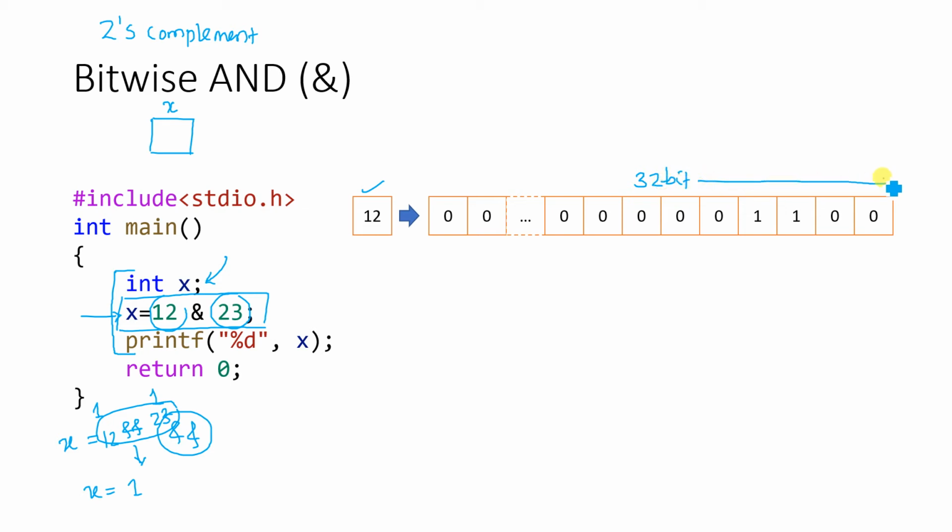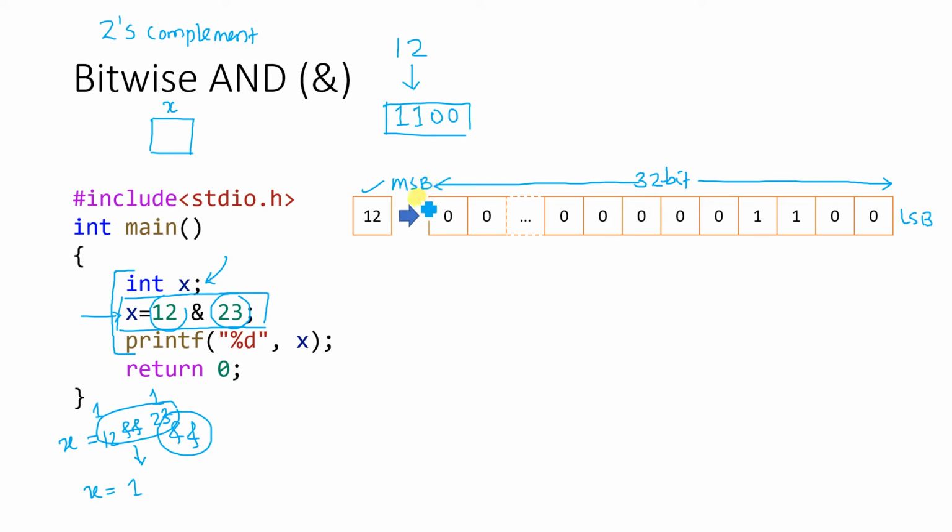So in a 32-bit representation we have to represent 12. We know that 12 in binary will be 1100. Okay, this is the binary equivalent of 12. So when you want to represent it in your computer with 32 bits, this part is called the LSB, the least significant bit, and this is called the MSB, the most significant bit.